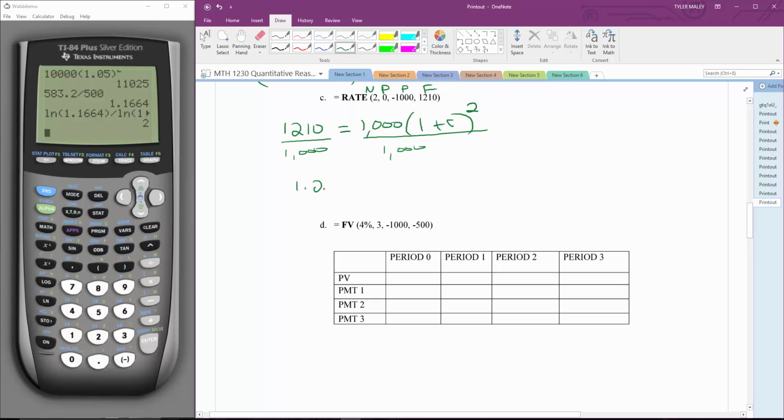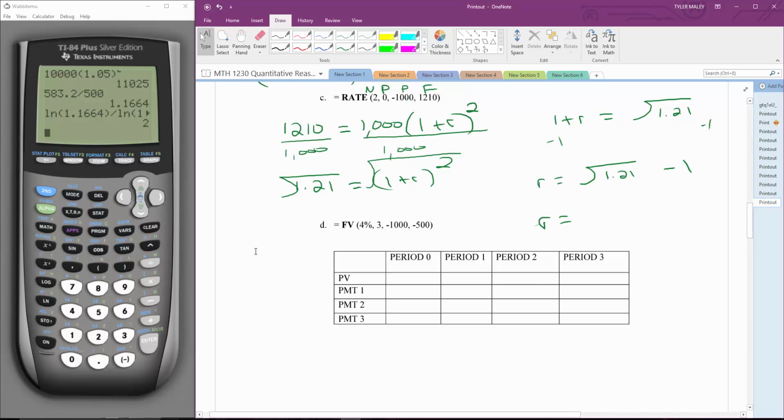So we'd have 1.21 equals 1 plus R squared. To get rid of the square, I need to take the square root of both sides. So we are left with 1 plus R equals the square root of 1.21. We subtract 1 from both sides, and R is equal to the square root of 1.21 minus 1, right?